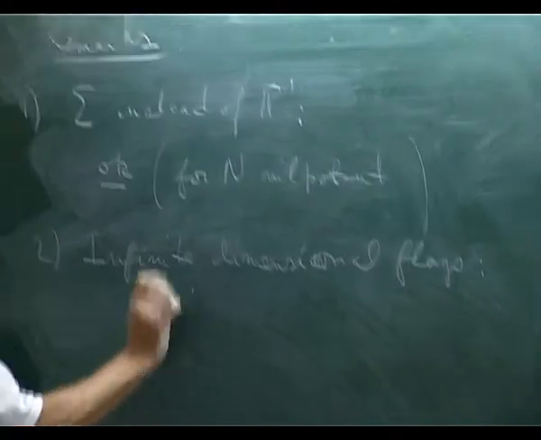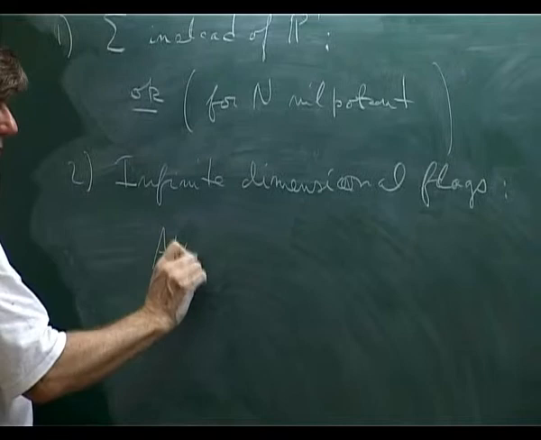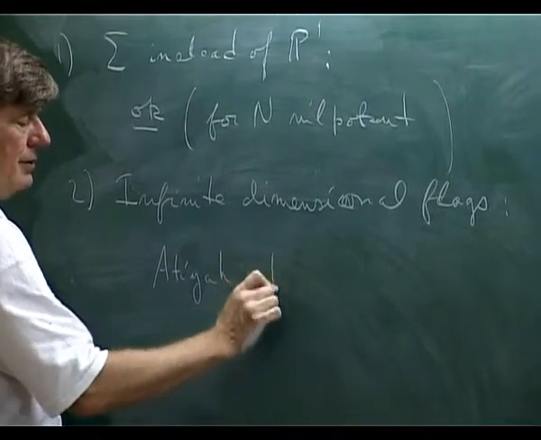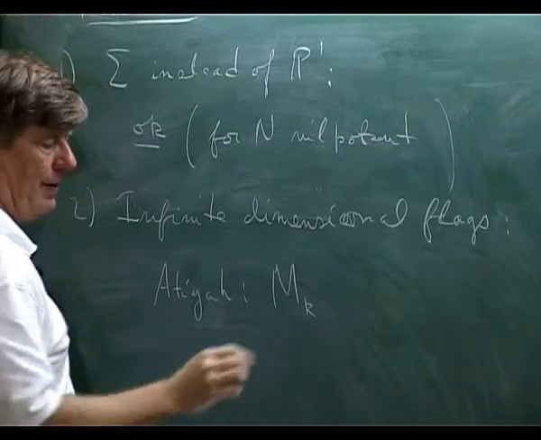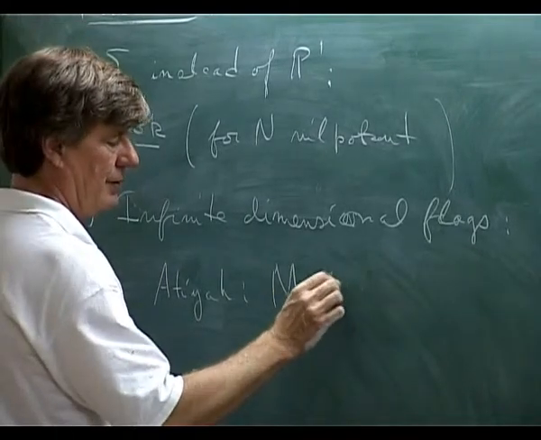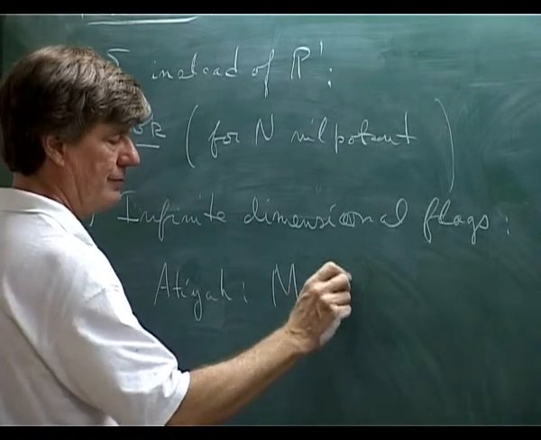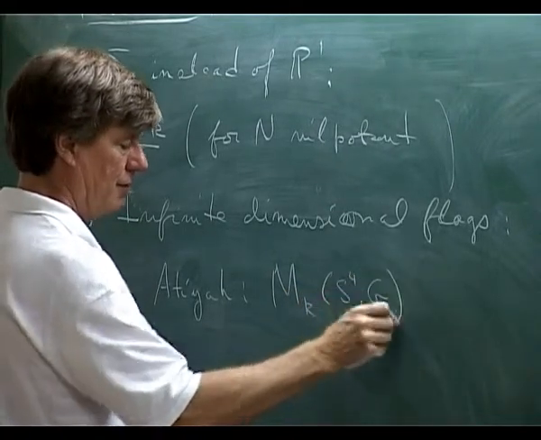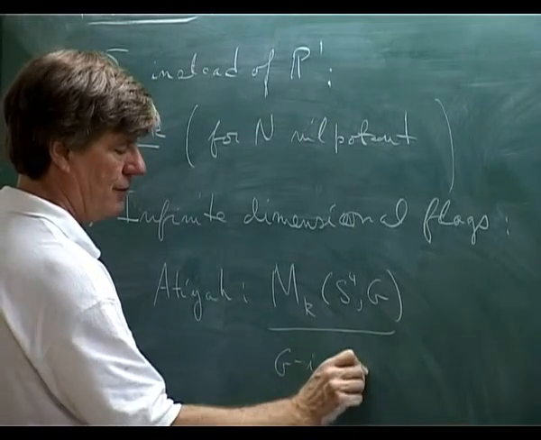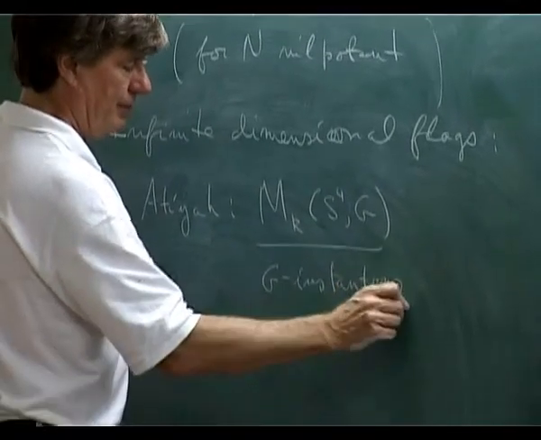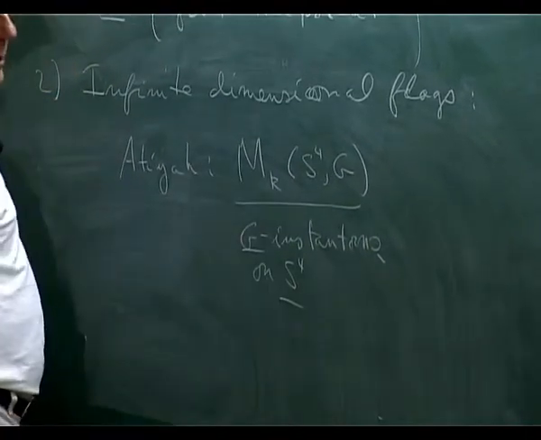So there's this idea due to Atiyah that M_k of, well, I'll just say for S4, these would be G instantons for G, your favorite compact group, on S4.